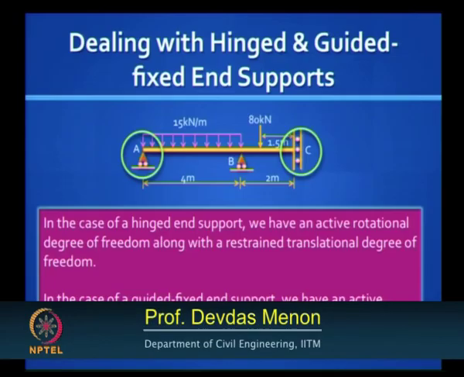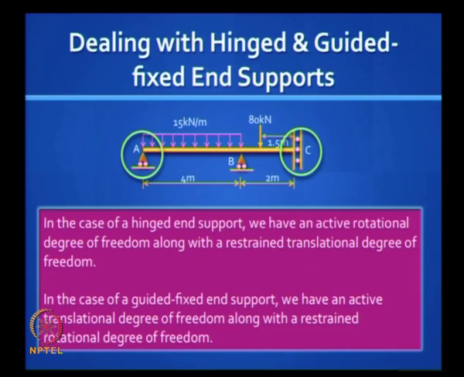In the case of a hinged end support, as you see at the end A in this example, we have an active rotational degree of freedom along with a restrained translational deflection degree of freedom. In support C, a guided fixed end support, we have an active translational degree of freedom along with a restrained rotational degree of freedom.